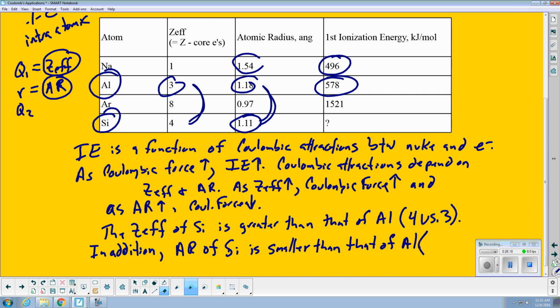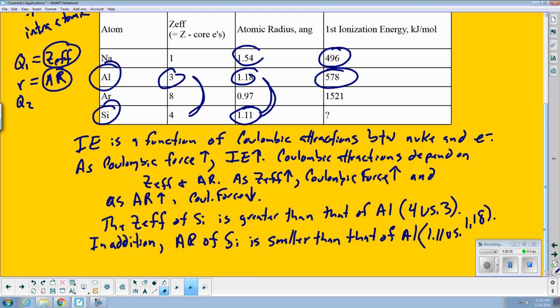We're looking at 1.11 versus 1.18, right? Good. Both of those have the same impact, right? Both increase the Coulombic attractions in silicon.